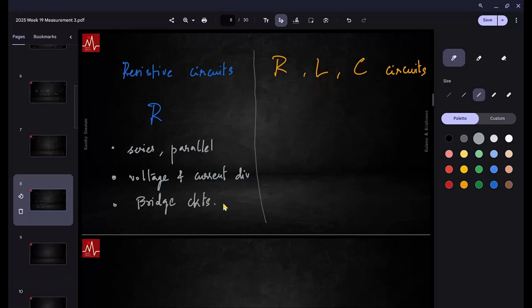We have seen all of that. Now there is something called Z here that is analogous to the resistor here. The Z goes by the name impedance.